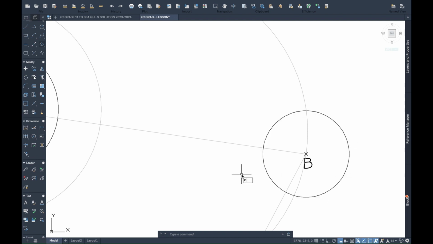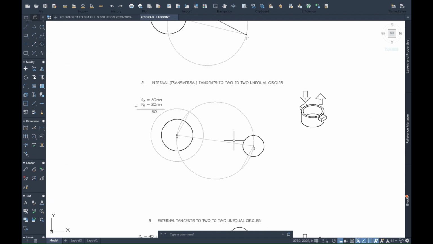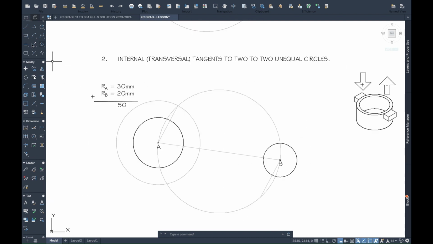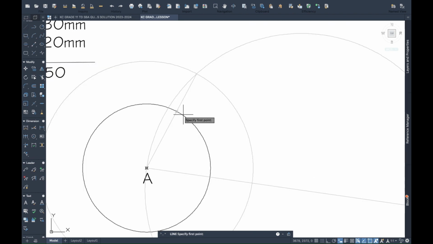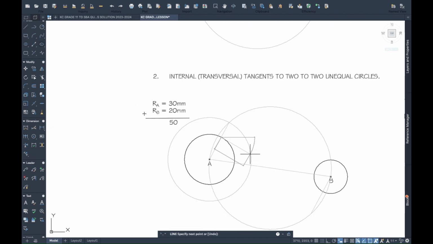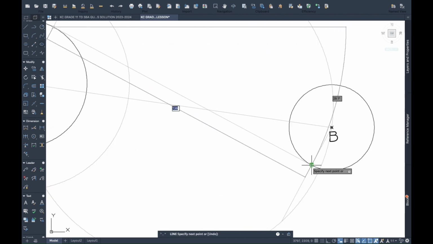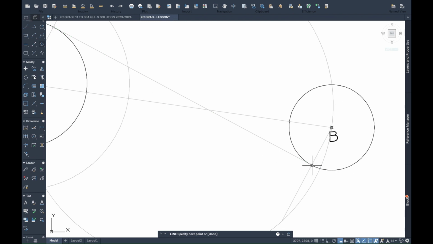So we type point, and that now is where the tangent point is for that circle. So we go to draw a line and we connect from here to there. Let me brighten this up, because this is our tangent.